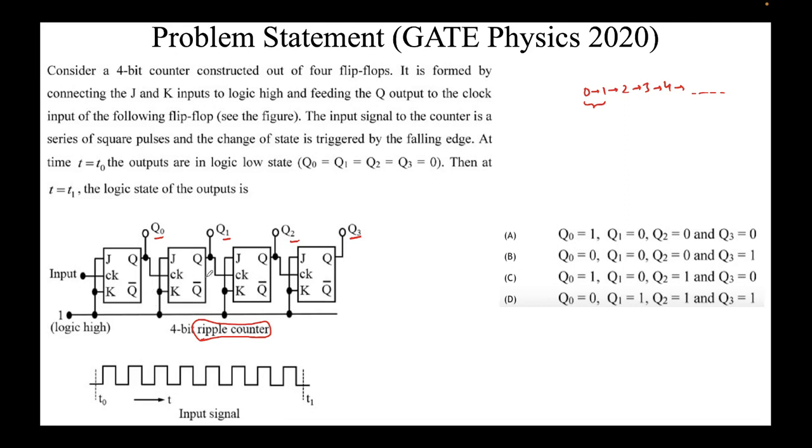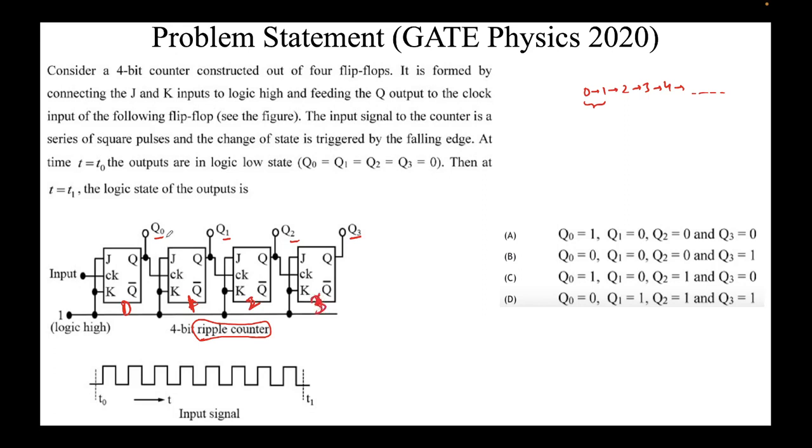The good part of a ripple counter circuit is that the output of the first flip-flop is the clock of the second flip-flop. Note this. Let's name these flip-flops 0, 1, 2, and 3.